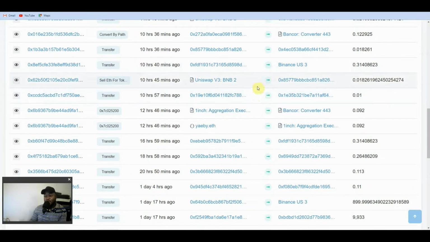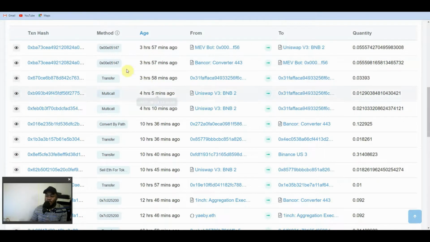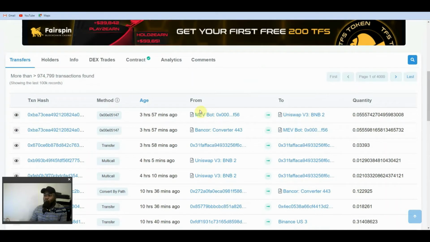When a higher amount of BNB is being transferred out, to know where and why, you can click this and see where this was transferred to, and which wallet address is making this transfer. From this, you will be able to know whether investors or ICO investors are trying to move coins out of the exchange. Okay.